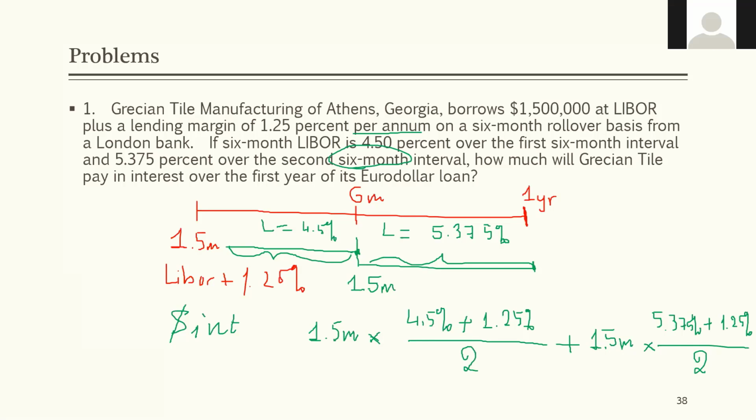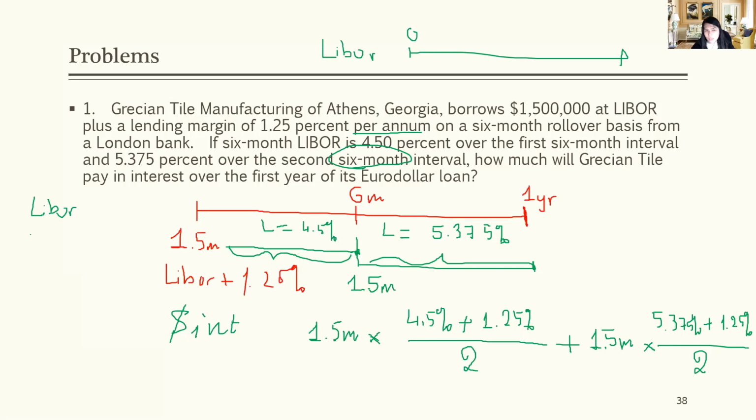But it's saying if 6 months LIBOR is 4.5%. So this is the LIBOR rate for a 6 month period. Right. So let's say you go into the interbank market and you borrow, you will see the LIBOR rate for different maturities: 3 months, 6 months, 9 months, 1 year, and so on.